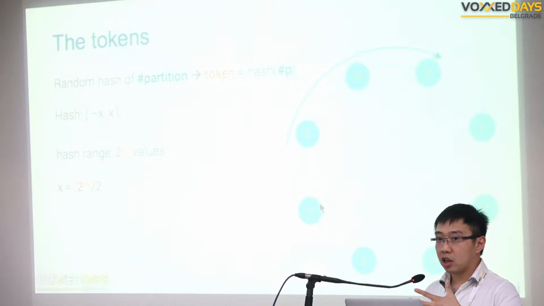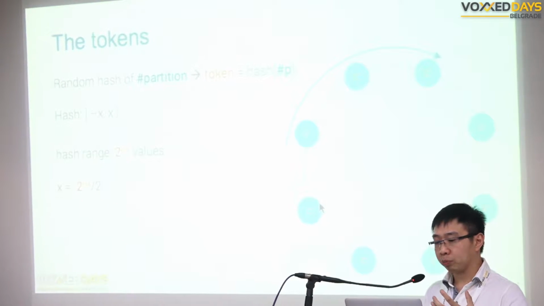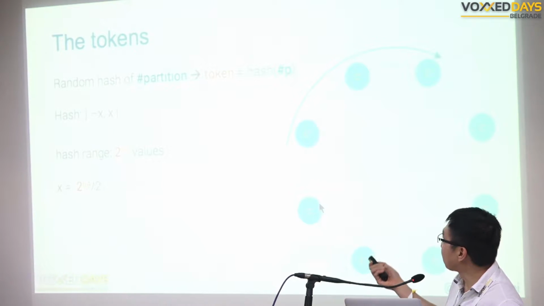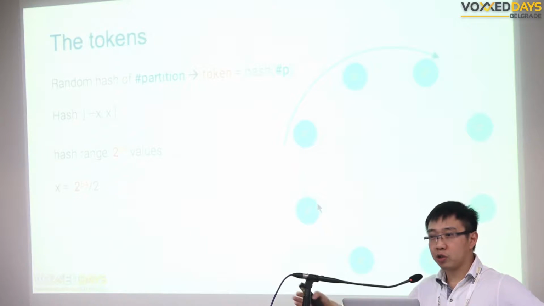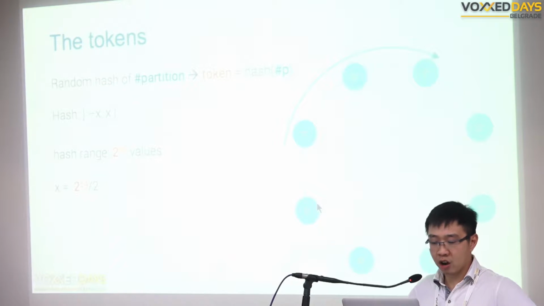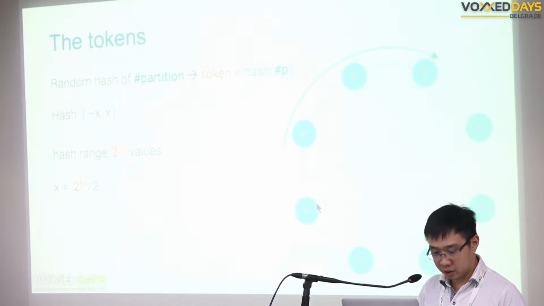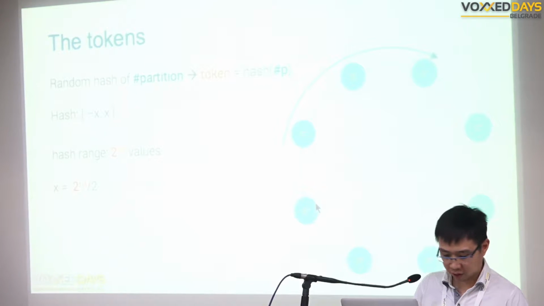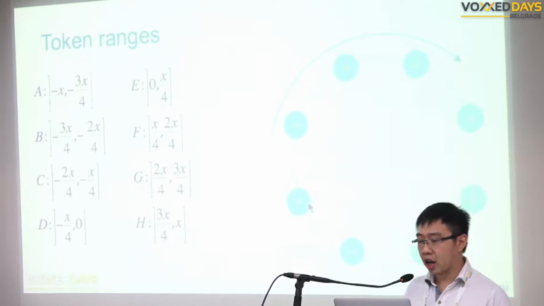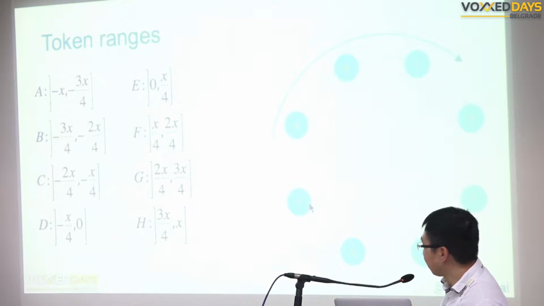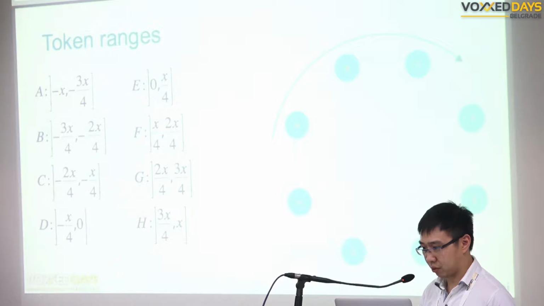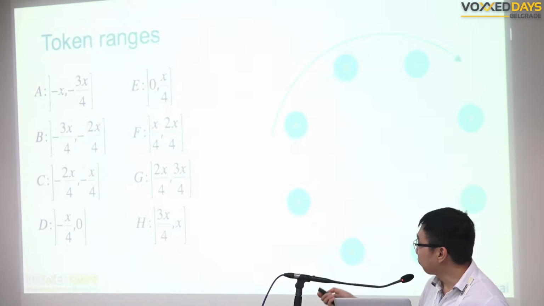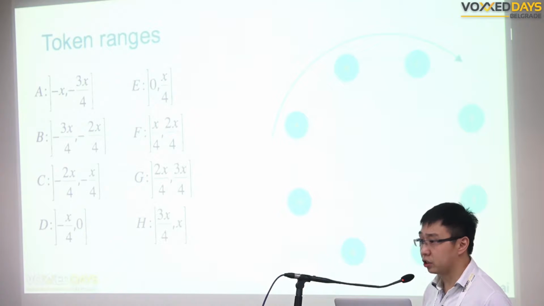When you insert data with a partition key, Cassandra will apply a hash function to this partition key. You get a numeric value, which is a token. Of course, the range of all possible values for the token is very large. So if I have a cluster of 8 machines, Cassandra will split my token range into 8 equal intervals, right?